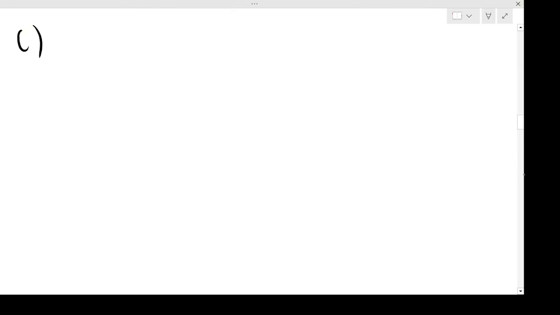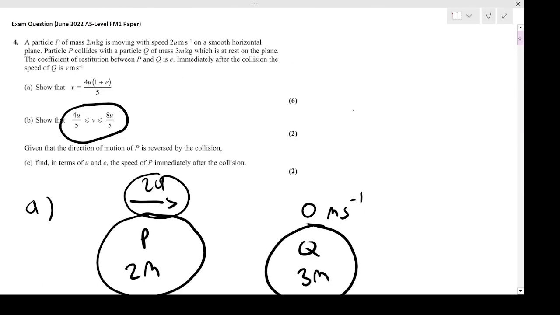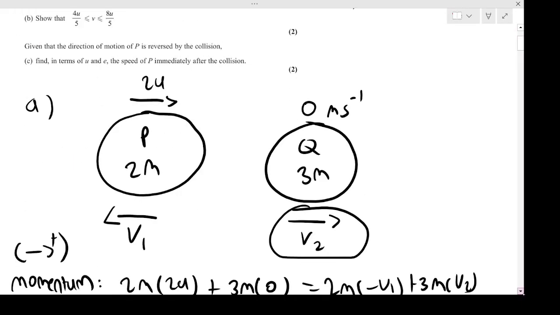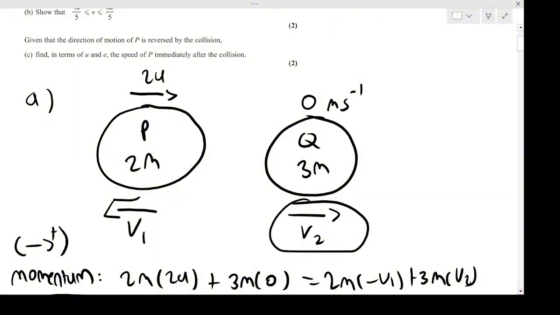Then the final part of the question is asking that given the direction of motion of P is reversed, find the speed of P after the collision. Well, actually we did just that, right? We've already done that. Initially it's going forward, then it's been reversed backwards.